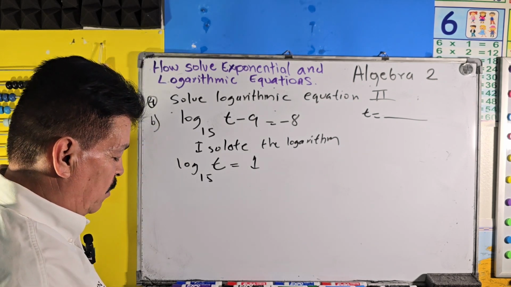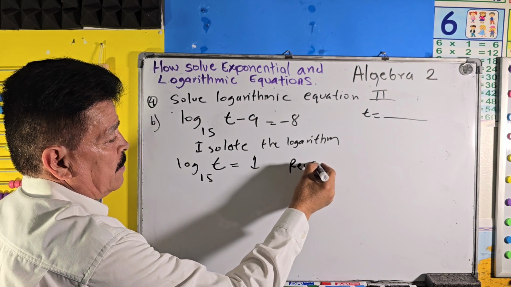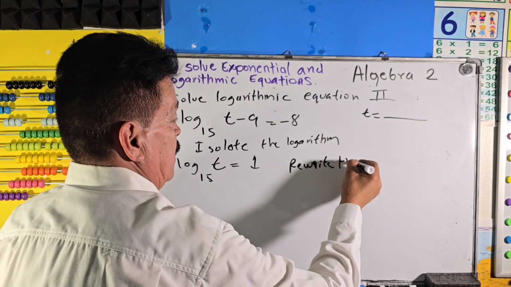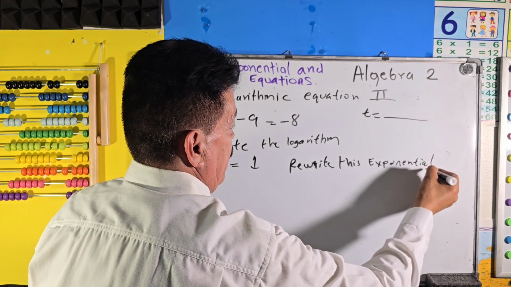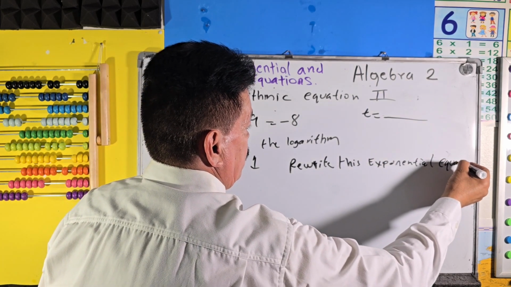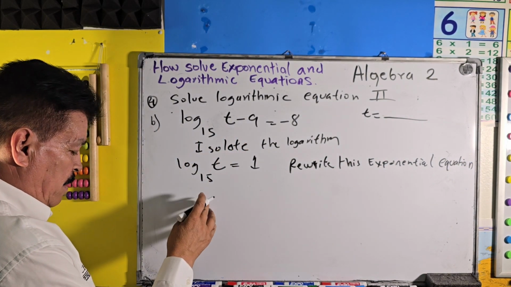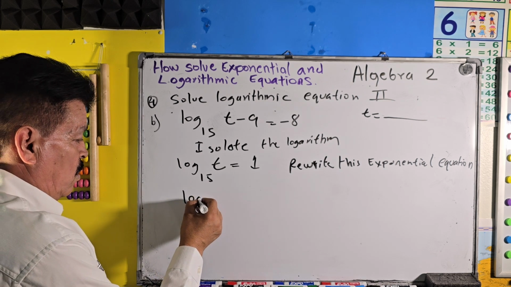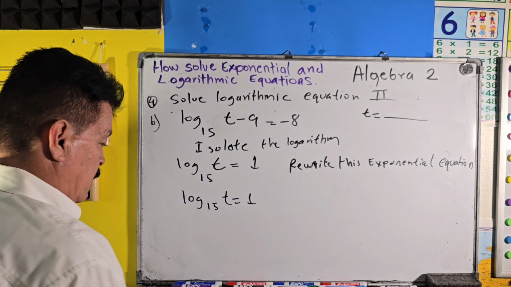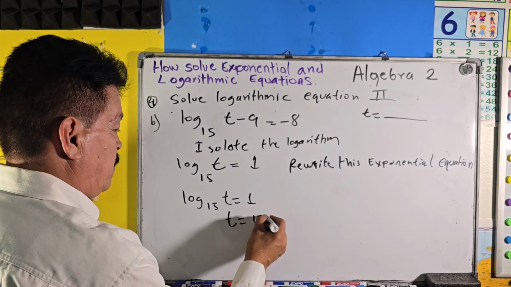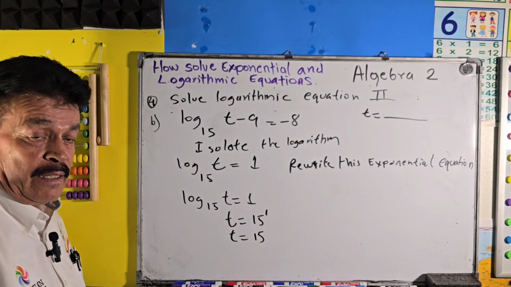Now rewrite this as an exponential equation and then solve. If we rewrite it, log t equals 1, so we will have t equals 15 to the first power. So t equals 15. Right? That's it.